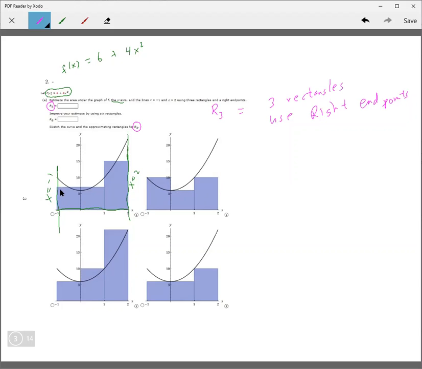So here, this first rectangle is off, because for this interval, the rectangle should be using this right endpoint to determine its height. This one is good, it's using the correct one there, and that one's using the correct one there too. These two are both wrong.